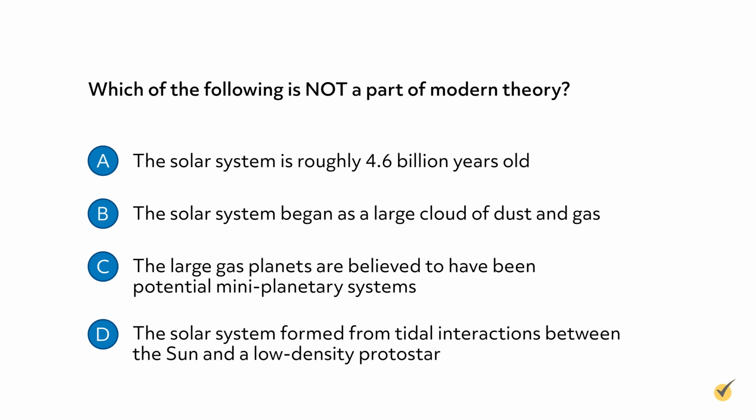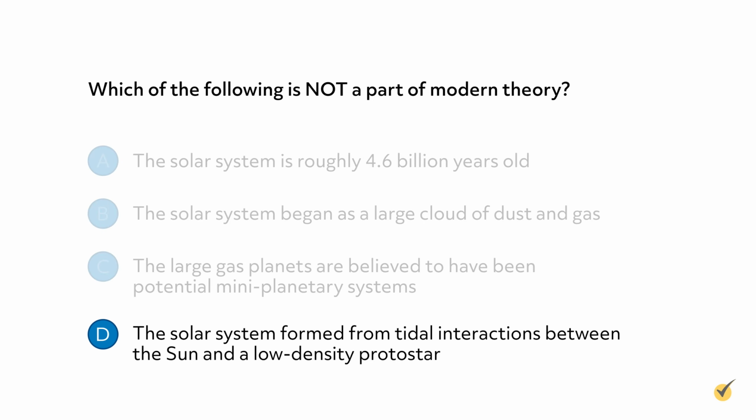Or D. The solar system formed from tidal interactions between the Sun and a low-density protostar. The correct answer is D. Choices A, B, and C are all widely held modern theories, while choice D is an outdated theory that is no longer widely accepted.